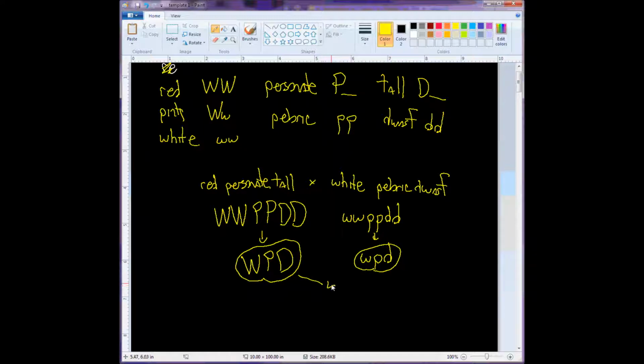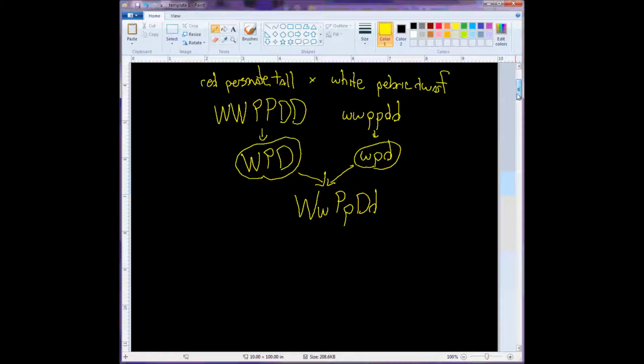So when we cross these together, all the plants are going to have a big W, little w, big P, little p, big D, little d genotype. Now what's the phenotype here? Well, big D is dominant to little d, so they're all tall. Big P is dominant to little p, so they're all personate.